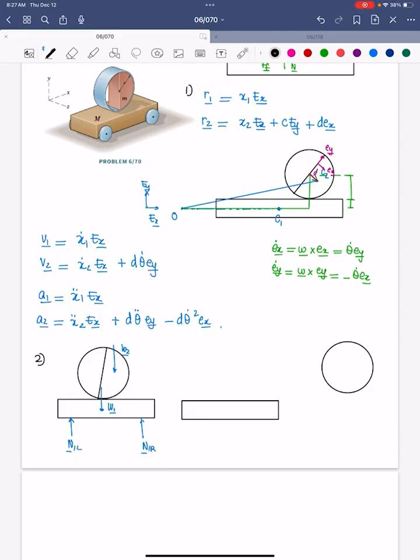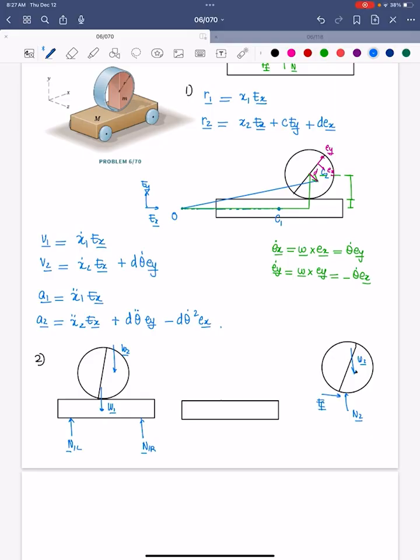Okay, and then let us draw the individual free body diagrams to see if we're missing anything. On the ball I have the weight, weight 2, and normal force N2, and friction force.